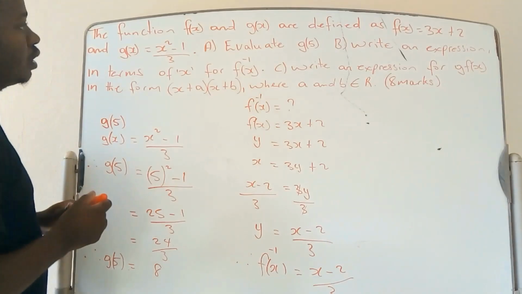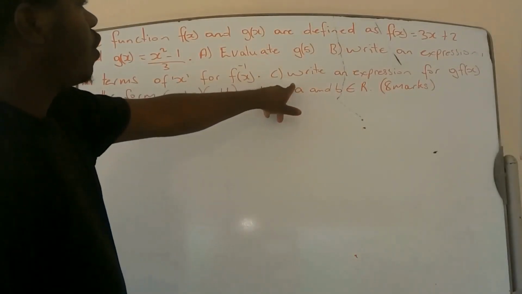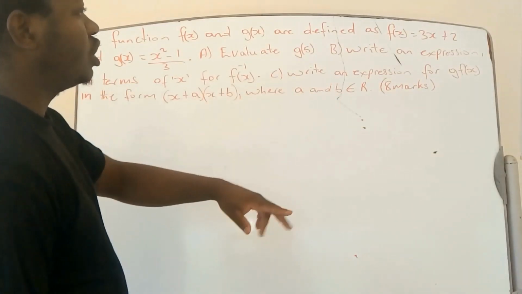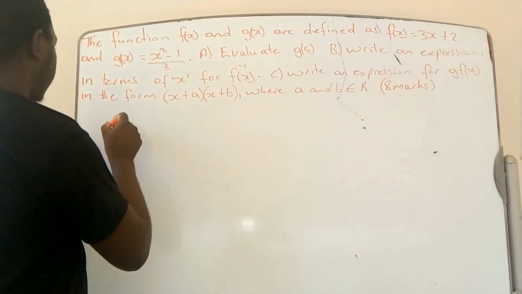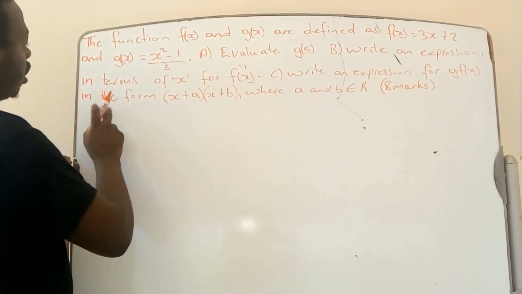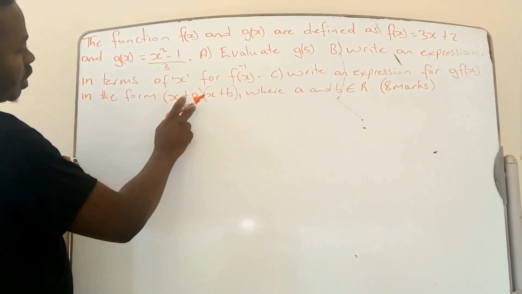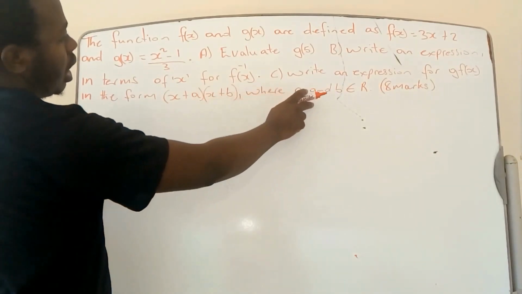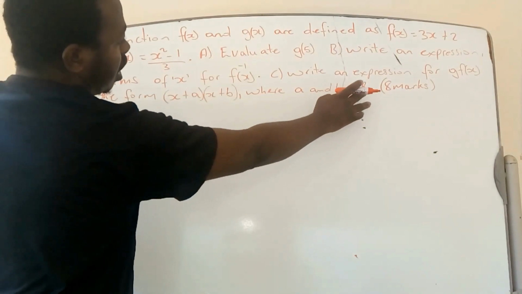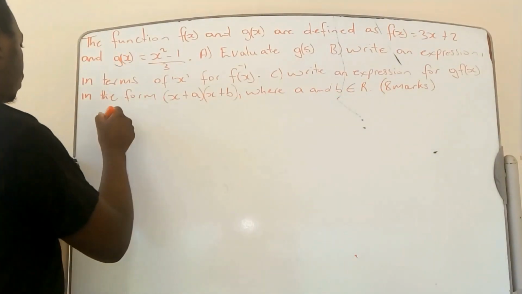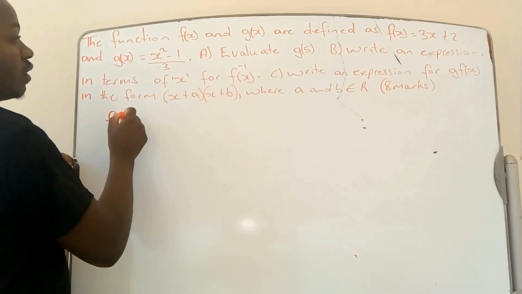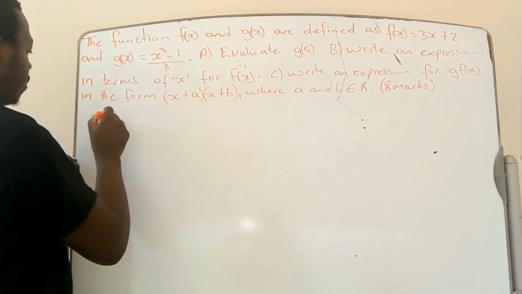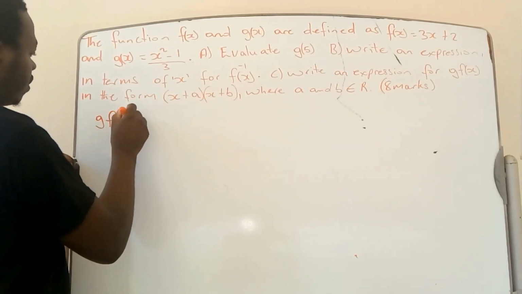Right? So let's move on to part C. Write an expression for g of f of x in the form (x plus a)(x plus b), where a and b are elements of the integers, right?